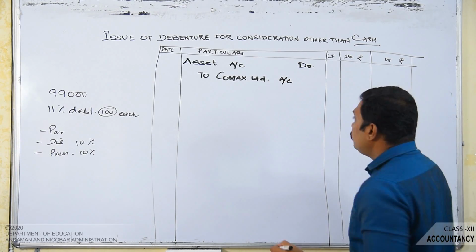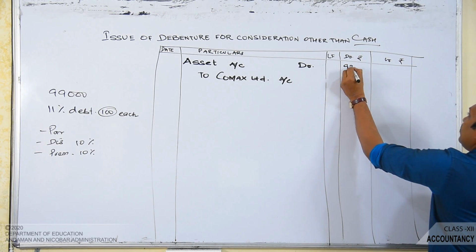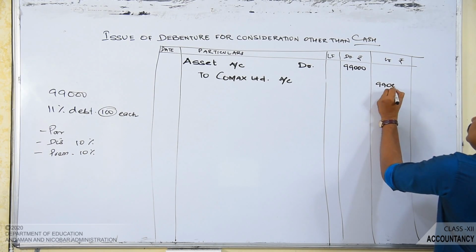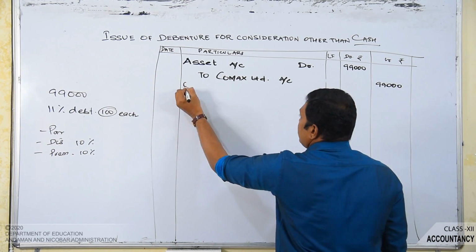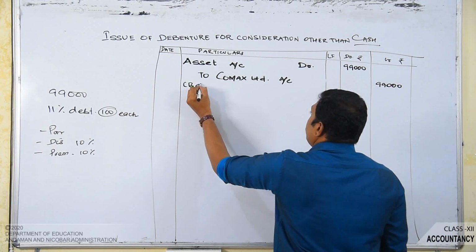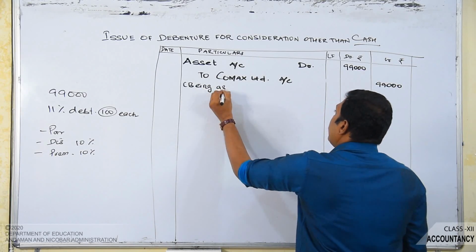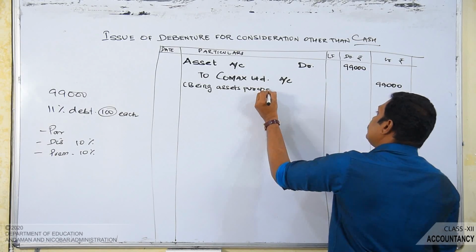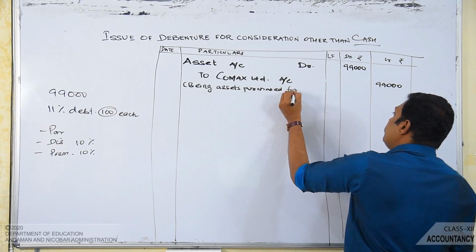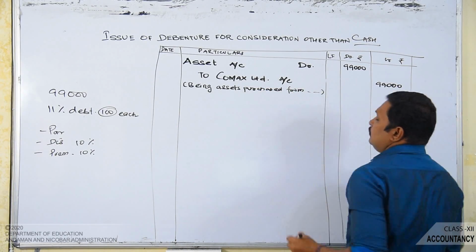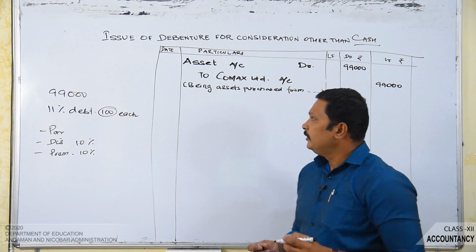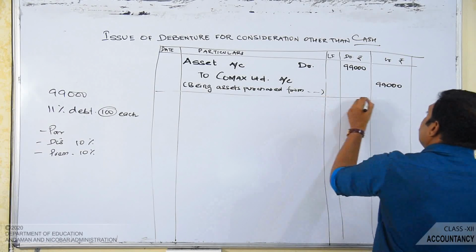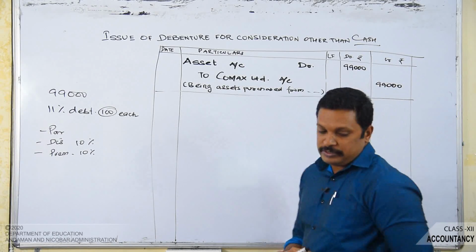So what is the rate? Rate is given here, 99,000 and 99,000. So the cost of the asset is 99,000. So you have to write here, being assets purchased from Comax Limited. Right. So the first entry is over.